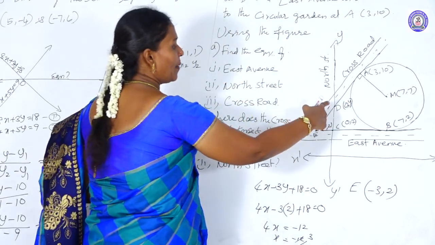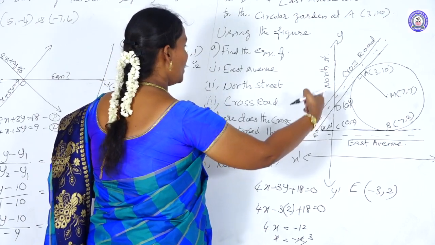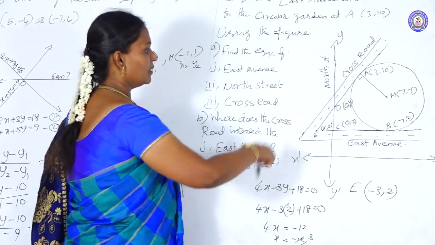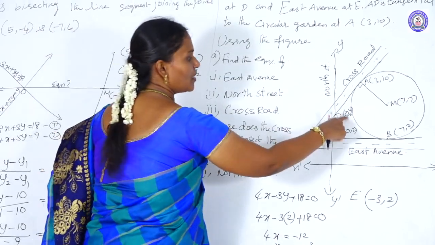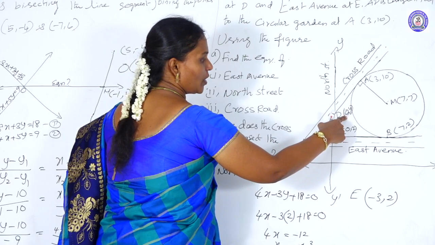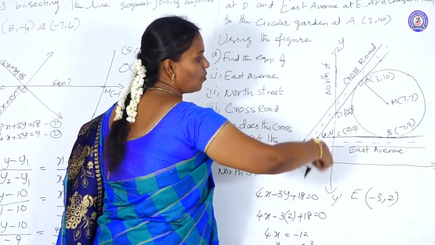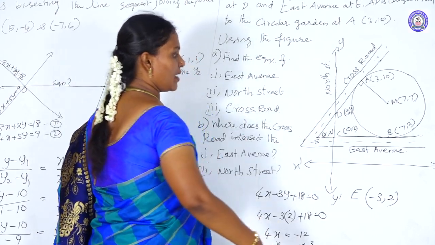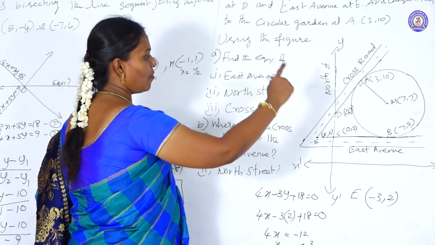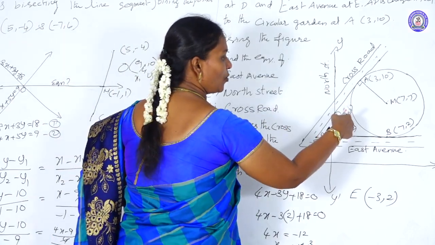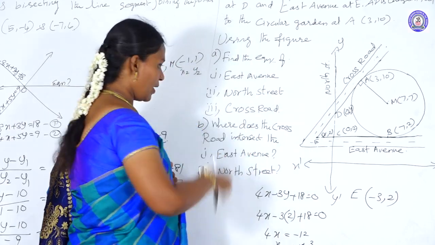Consider that the point of intersection of the crossroad with the North Street is D, which is (0, y). Why 0 here? Because this D point lies on the y-axis, and on the y-axis the x-coordinate is 0. So now the unknown is only y.